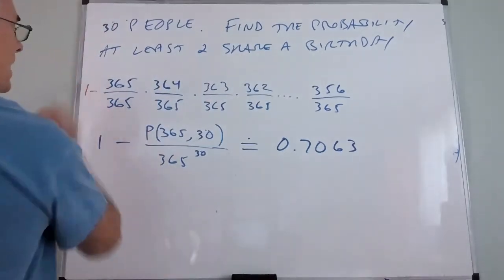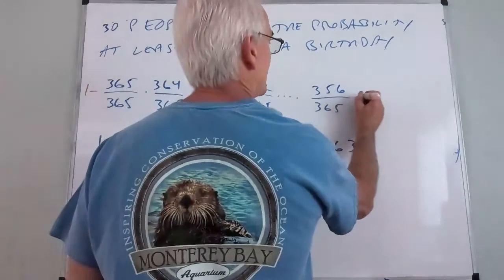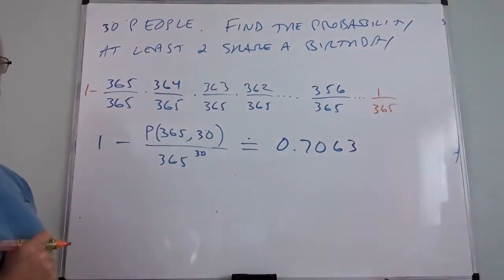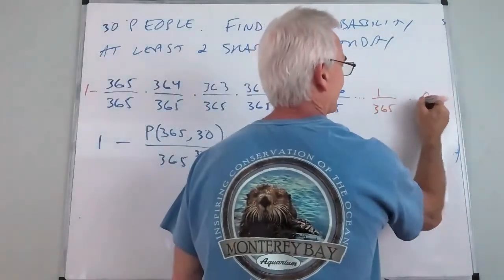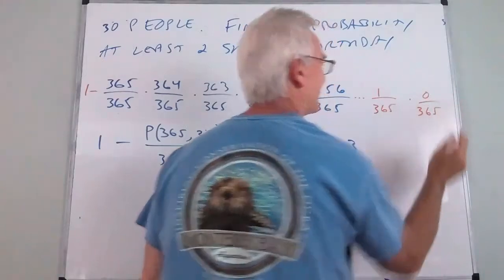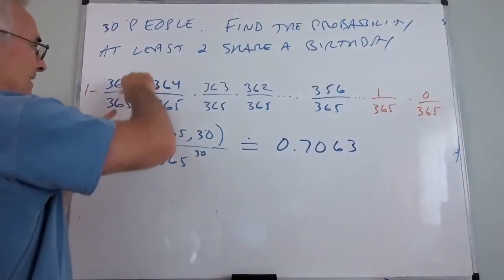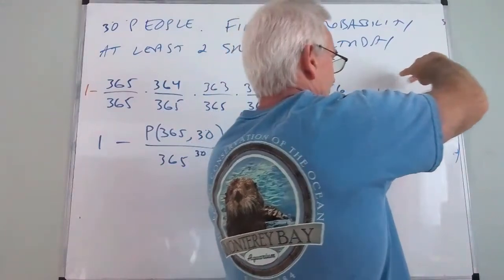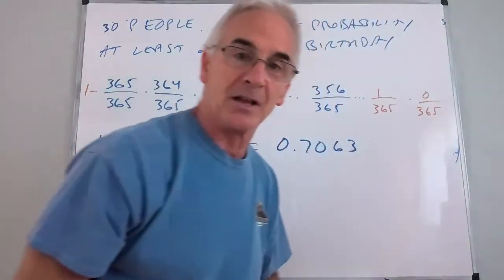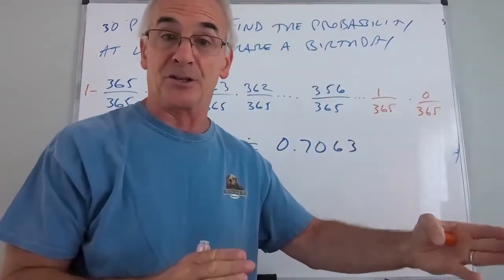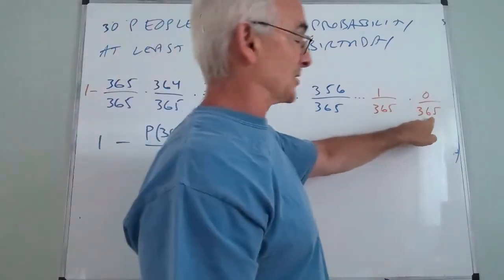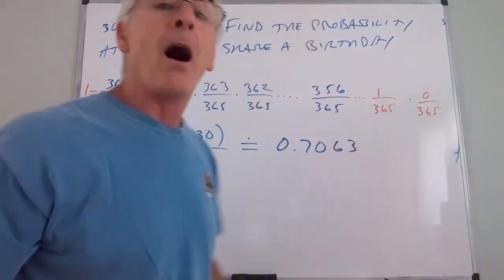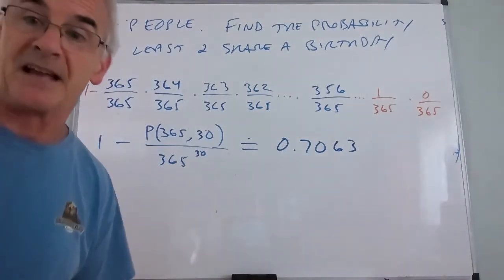Because we're doing 1 minus, agreed? 1 person, 2 people, 3 people, 365 people, 366 people, because there's no days left. If we actually did it from a calculation standpoint, for the 366th person, the probability that they're different from everyone else would now be 0, which is why my answer would be exactly 1.